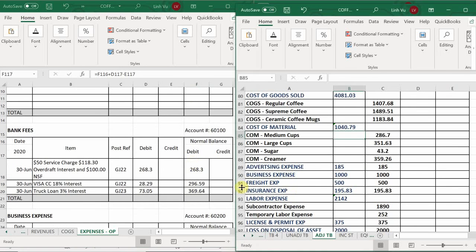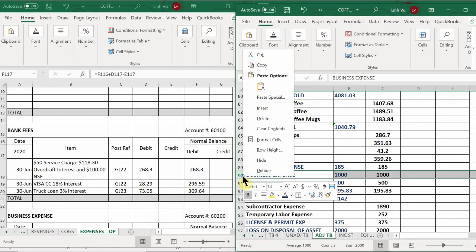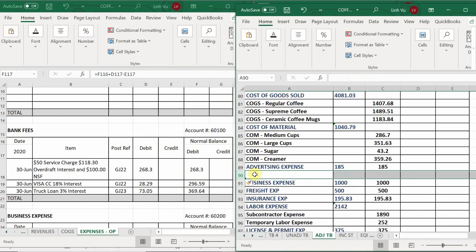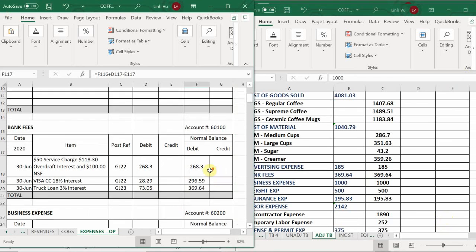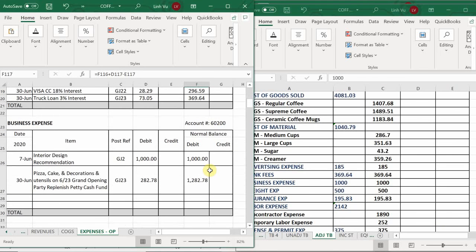I have bank fees now, so I have to insert that in here. For how much? 369.64. Okay?